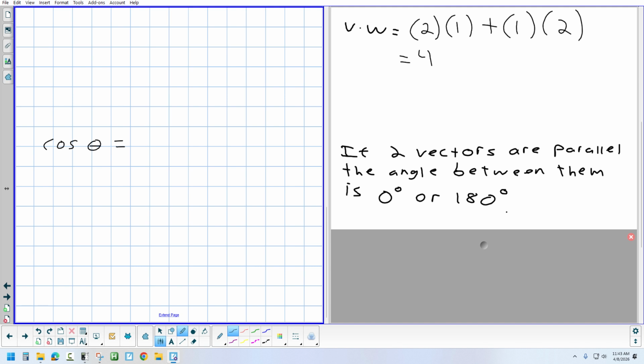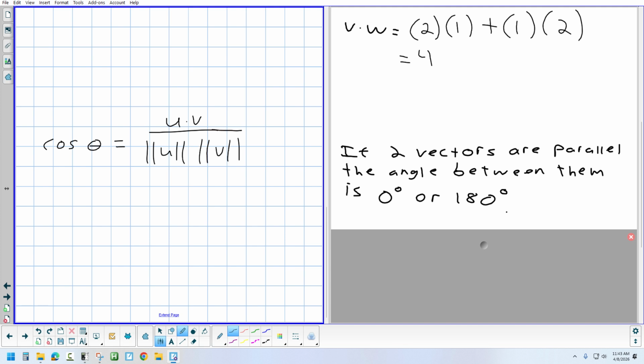And what's on the right side? The dot product over something about the vectors. Oh, the magnitude. The magnitudes. Product of the magnitudes.